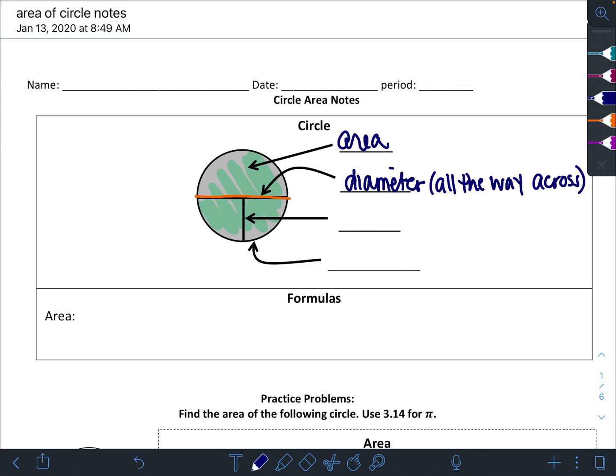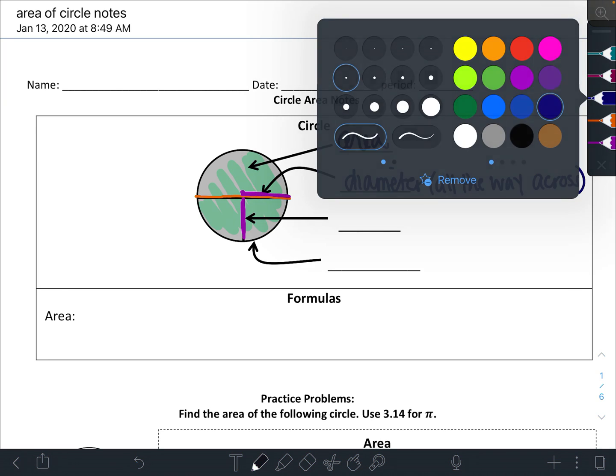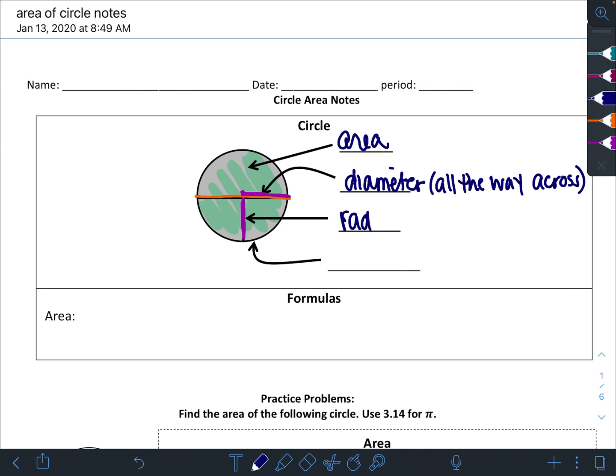The distance, though, that goes only halfway across, if you were to look here, it would go right here. This distance that goes halfway across, that is your radius, and it goes halfway.